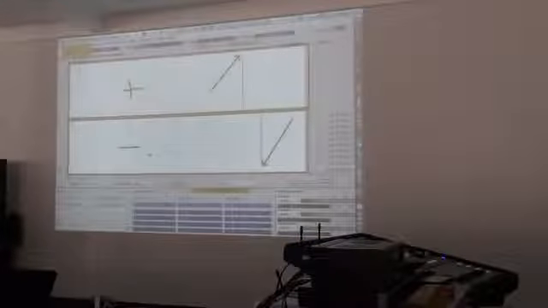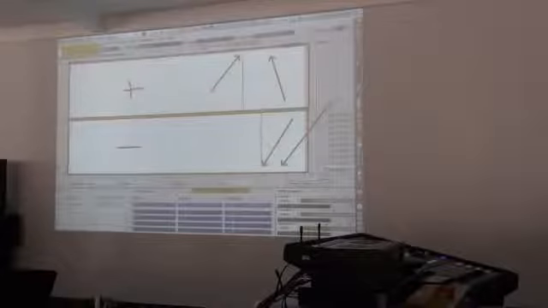This means that George is positive, half a millisecond later, around here, and Ringo will be negative, another half millisecond later. Let's play the signal again. And you can see John, Paul, George, Ringo.